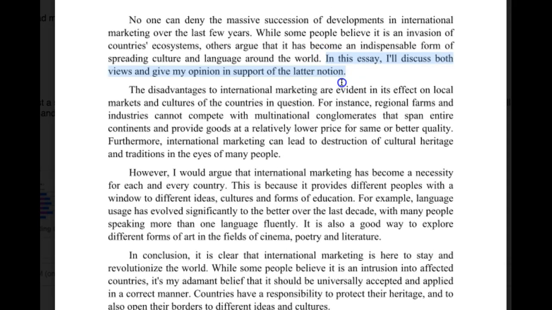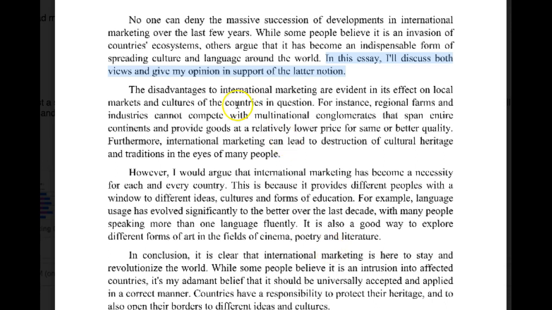So it's probably better just to keep an eye out for empty sentences and then adapt them. Okay? In this essay, or even better, this essay will discuss both views using examples from multinational conglomerates and cinema to demonstrate points and prove arguments. Okay, now it's adapted and unique for the essay.